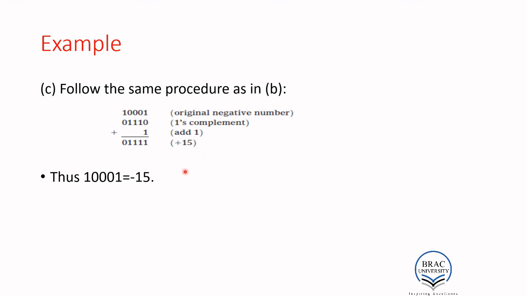As this is 15, this one, 10001, is obviously minus 15. By negating, you get the equivalent positive from negative or negative from positive number.